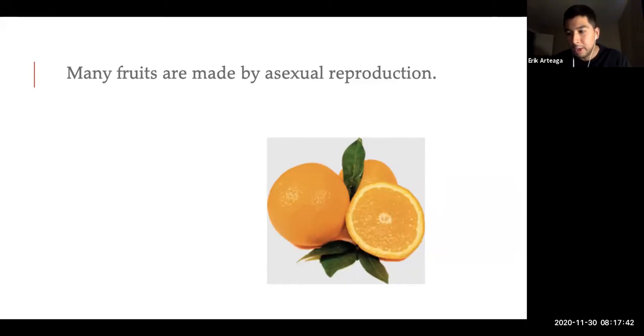If you've ever looked at a navel orange, the seeds are very small. The fruit is very large, but the ovum, or that actual seed part of the fruit, is underdeveloped. This is because there was a mutation discovered early on in growing oranges, and that individual decided to graft that fruit onto other trees, and he found that it was successful as long as it was grafted to a different organism, because it was unable to pass on or fertilize the fruit through conventional means.